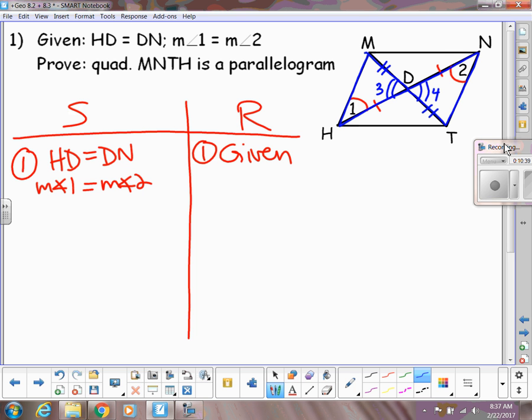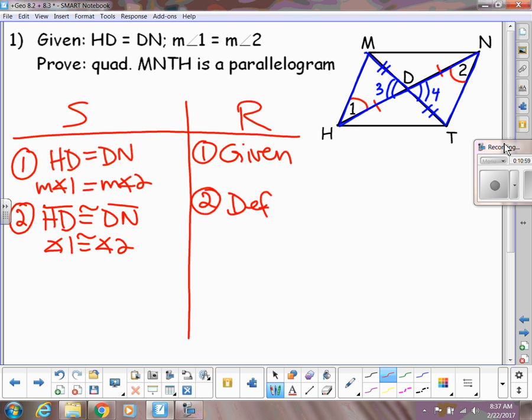So let's go with the diagonals bisected route. All right, so in order to show that those are congruent triangles, I need these to say congruent, not equal. So I'm going to say that right off the bat. Definition of congruence.